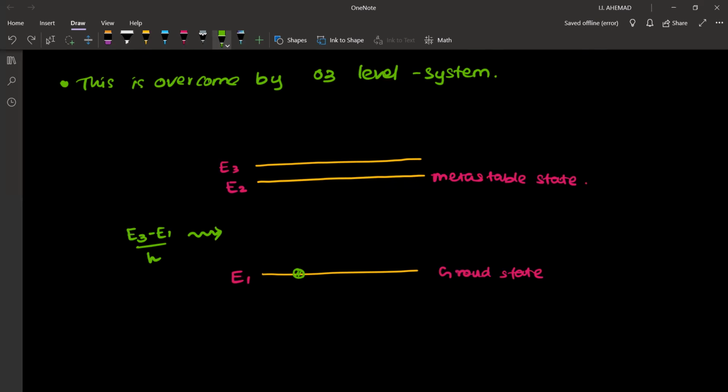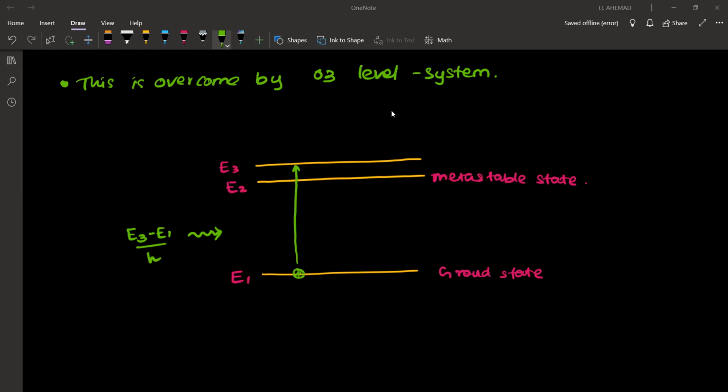To which level will this electron move? The electron will move to the second level, I mean here, let's say this is 1, 2, and 3. It goes to the second level because energy matches the difference between these two levels.